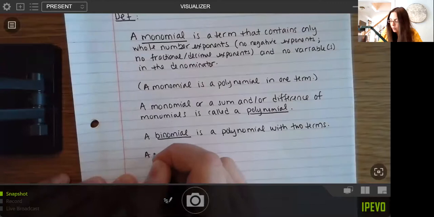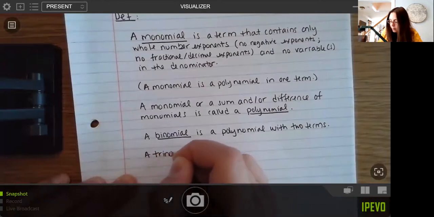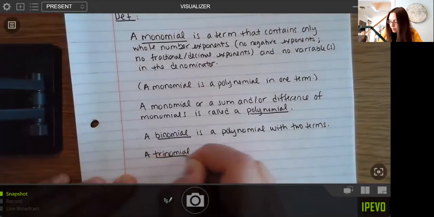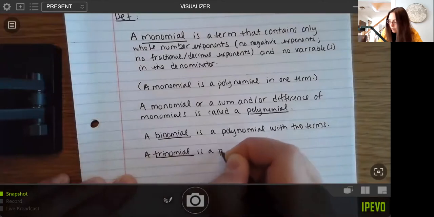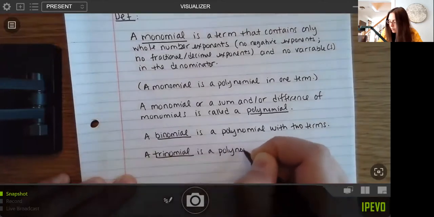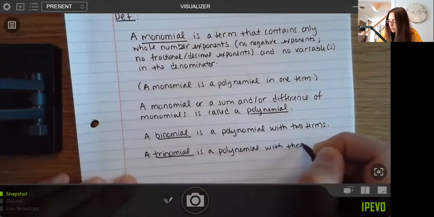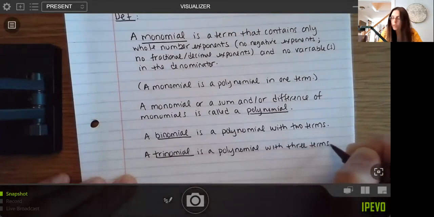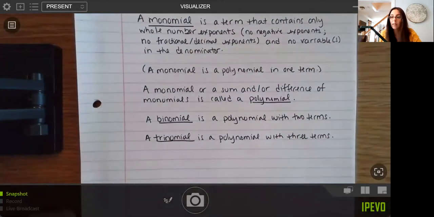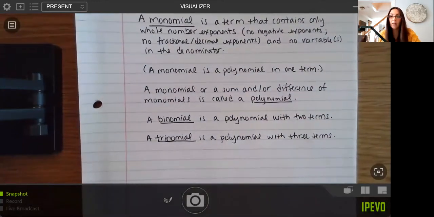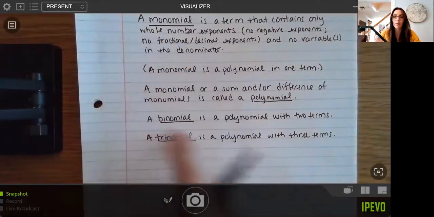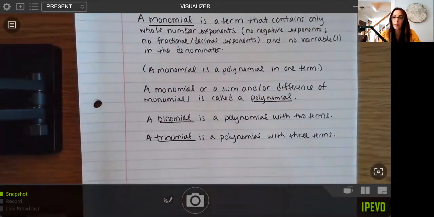And a trinomial is a polynomial with three terms. Okay? And that prefix tri means three. So if you think about a triangle, it has three angles, or a tricycle has three wheels, right? A cycle would be like a wheel.